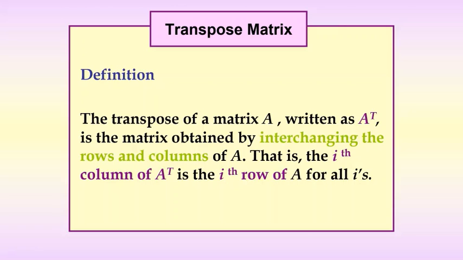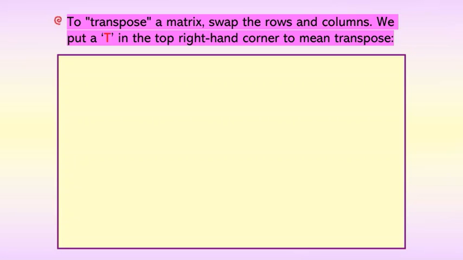The transpose of a matrix A, written as A superscript T, is the matrix obtained by interchanging the rows and columns of A. That is, the ith column of A transpose will become the ith row of A for all i. This means that to transpose a matrix, we need to swap the rows and columns.